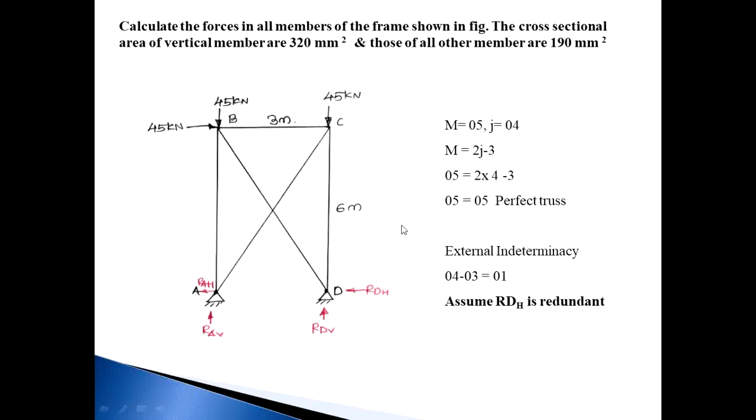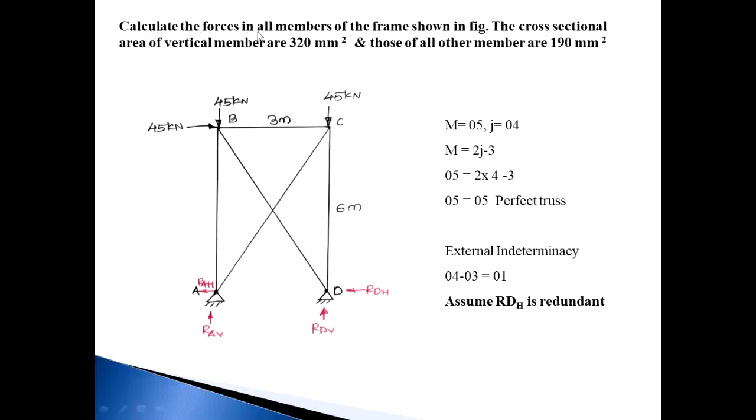We know the equilibrium conditions: summation Fx is equal to 0, summation Fy is equal to 0 and summation M is equal to 0. These are the three equilibrium conditions. If the number of unknowns is 3 and the equations are 3, the structure is determinate. If the number of external reactions is more than 3, then the structure will be externally indeterminate. So let us see one problem.